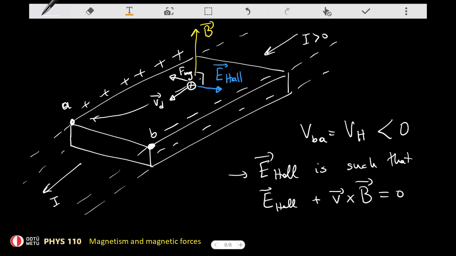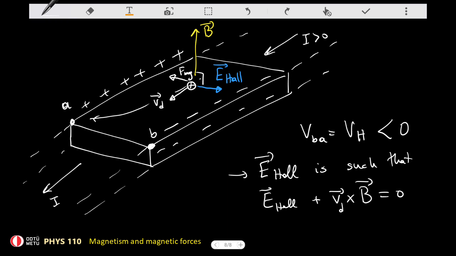Unfortunately, in here, all the charge carriers are moving with different velocities, but it appears that this equation has to be satisfied for the average velocity. So therefore, we write down the drift velocity in here. So somehow, this arrangement of the applied magnetic field and the produced Hall field plays the role of a velocity selector, where the velocity selector kind of selects this drift velocity that the charge particles are moving.